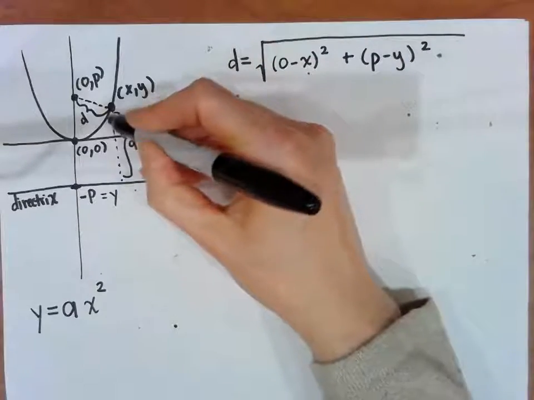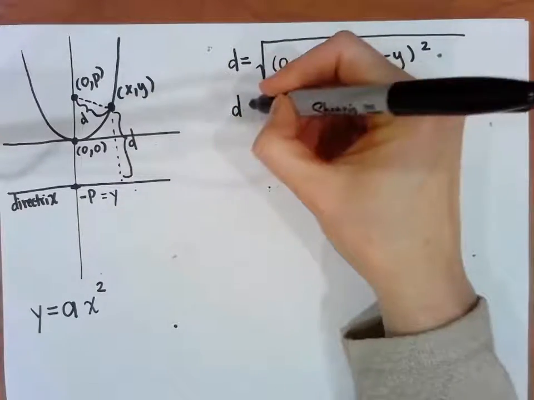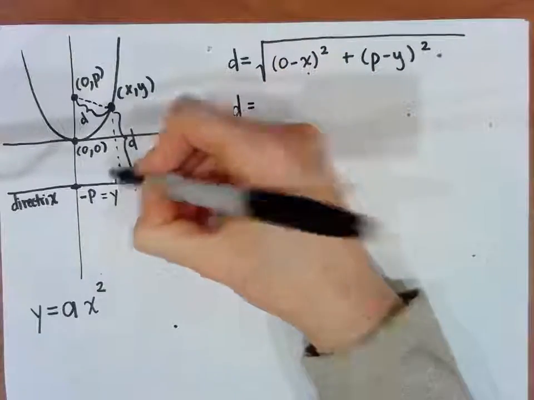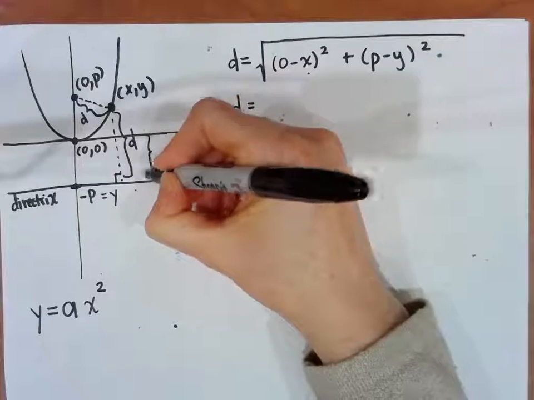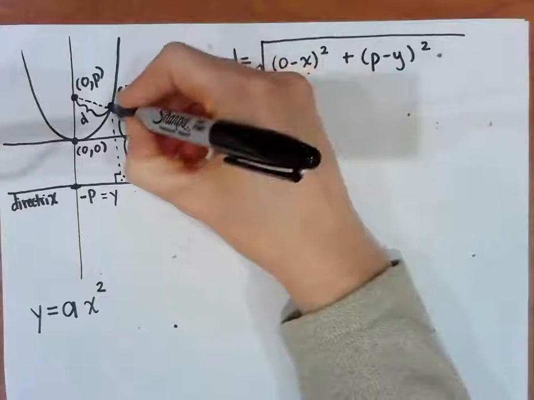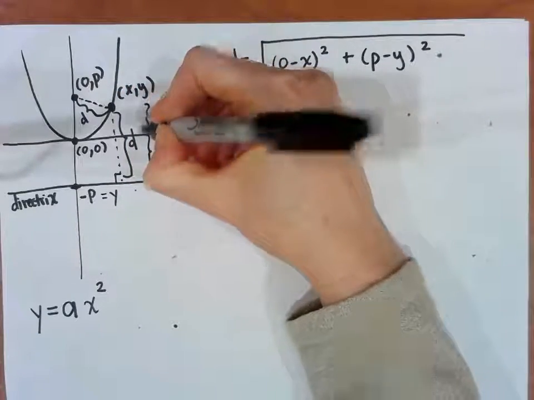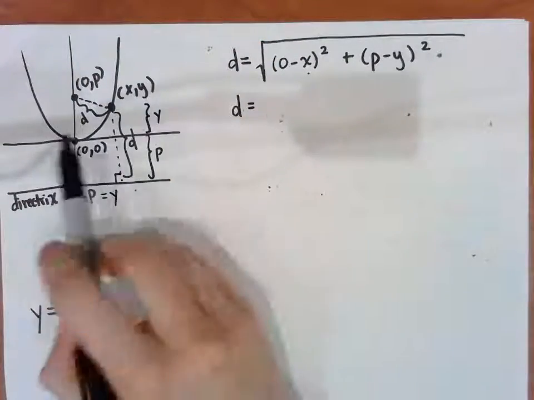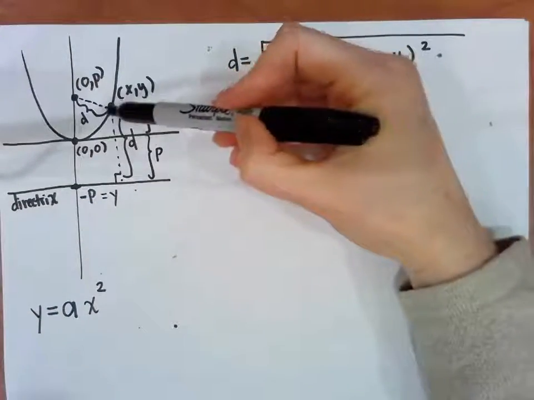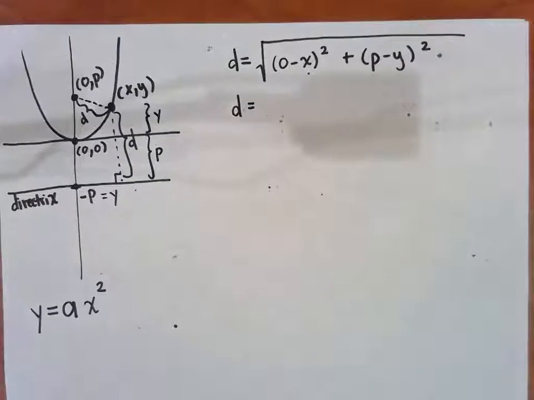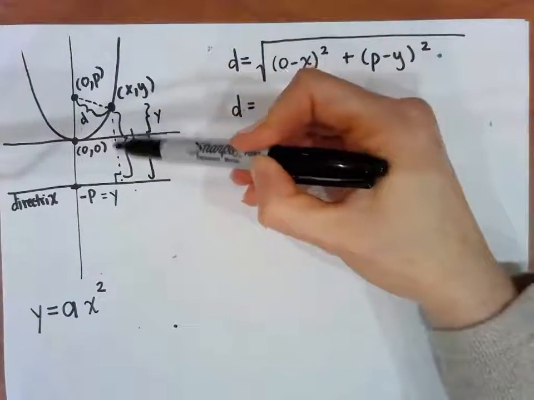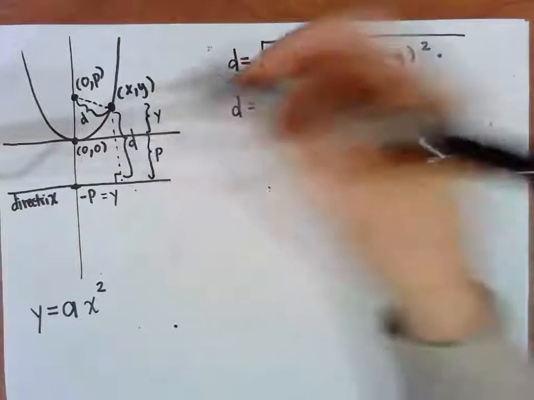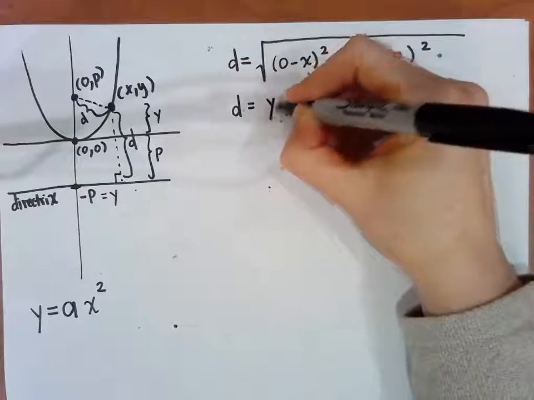And then the other distance d, which is here, well, this is perpendicular. We know that this distance right here is p, and we know that this distance right here is y, because this is at point x, y, and this line is parallel to the x-axis, and it's p units away. So the total distance d there is y plus p.